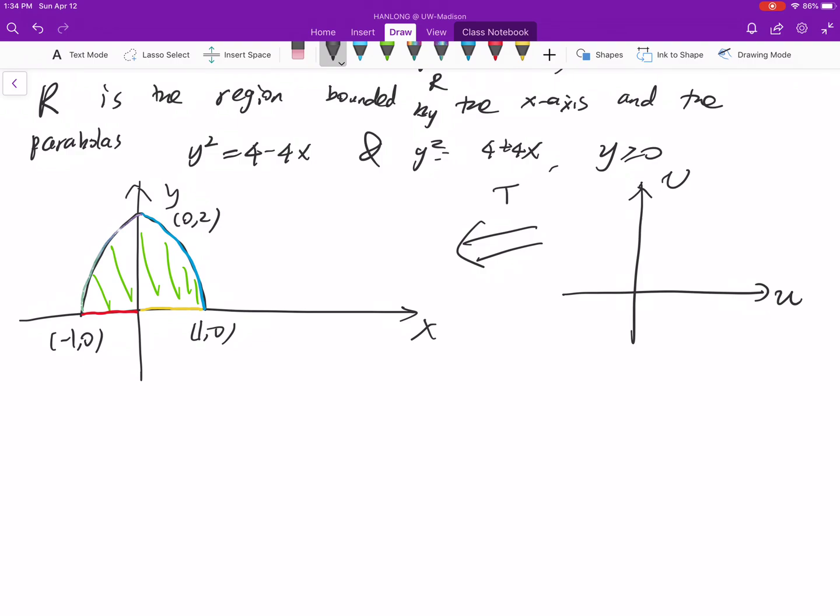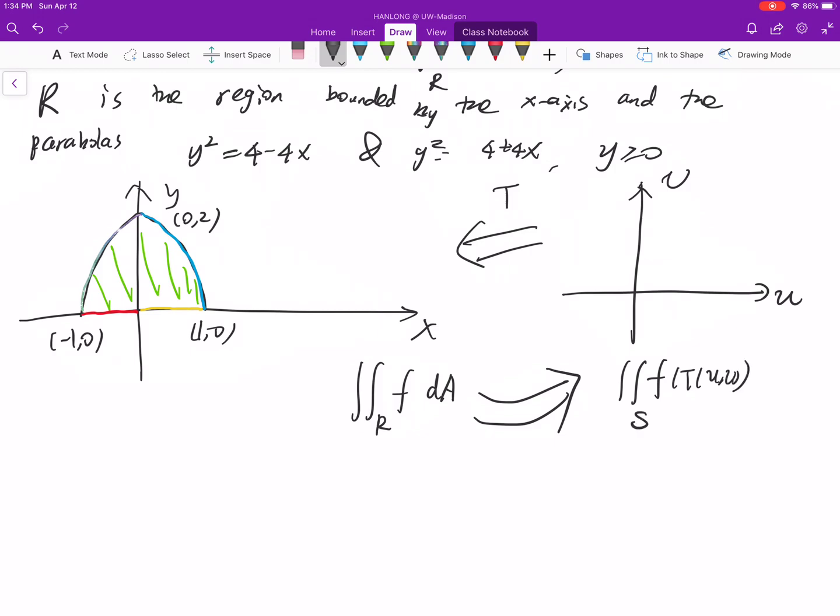So the transformation goes this way, but then the formula goes the reverse way. That means the integral of f here can be computed by some other function in the pre-image S and dA prime.